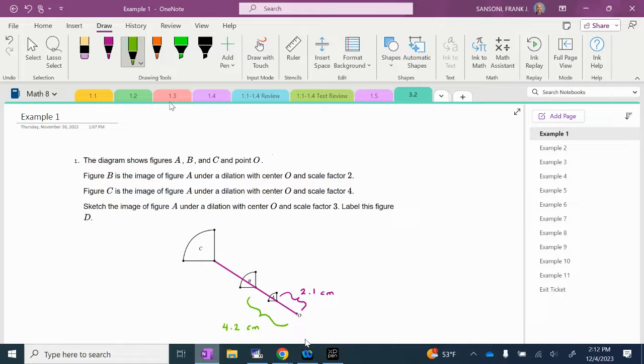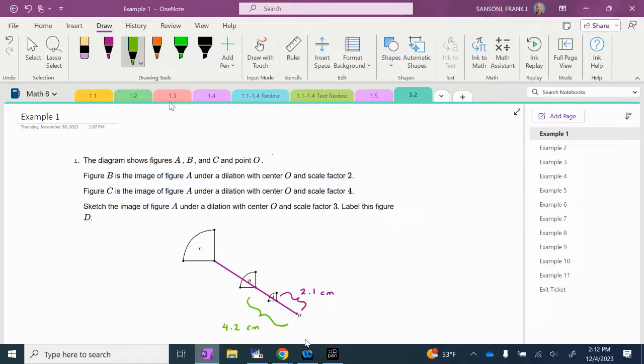So then look at figure C. Well, what's the scale factor for figure C? It doesn't say 3. It tells us the 4. So if the scale factor is 4, then how far away should it be from O all the way to the point on C?